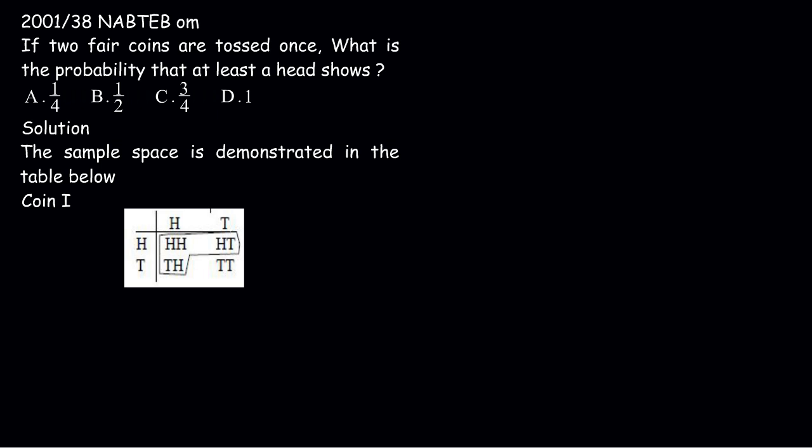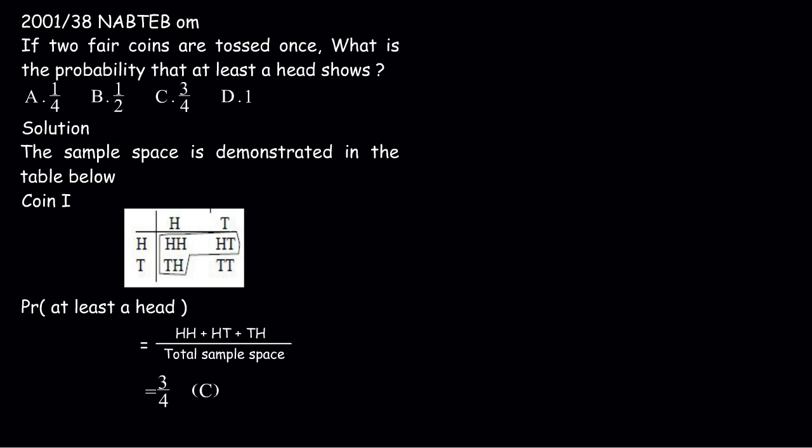We have 4 possible outcomes, and 3 of them have at least a head. So the probability of at least a head will be equal to head-head plus head-tail plus tail-head, divided by our total outcomes, or our total sample space, which is 4. So our final answer will be equal to 3 over 4.